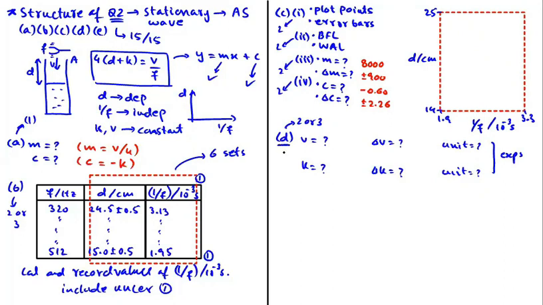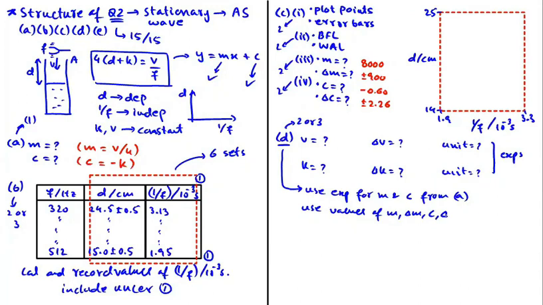Students, you should remember that to determine the expressions for constants in D part, we always use expressions for gradient and y-intercept from part A. And then to be able to determine the values and uncertainties in constant, we always use values of m gradient, uncertainty in gradient, y-intercept, and uncertainty in y-intercept from C part 3 and 4.